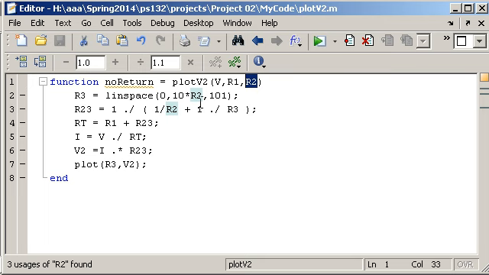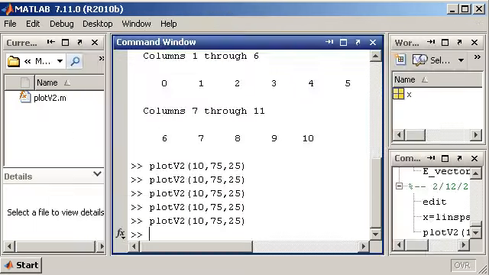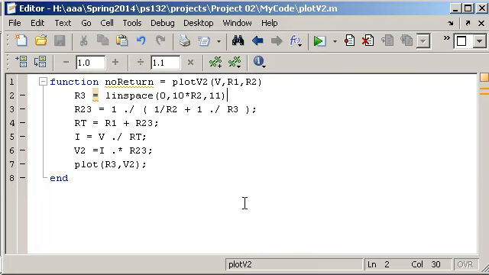And I seem to be going from 0 to 25. So I'm going to take just 11 values to debug it, and I think I'll print that out. So I saved it. I'm going to close that and run it.